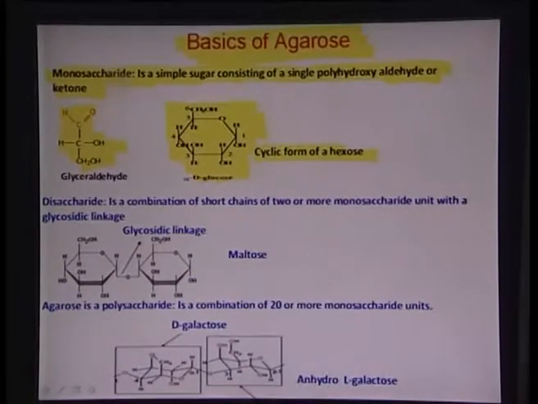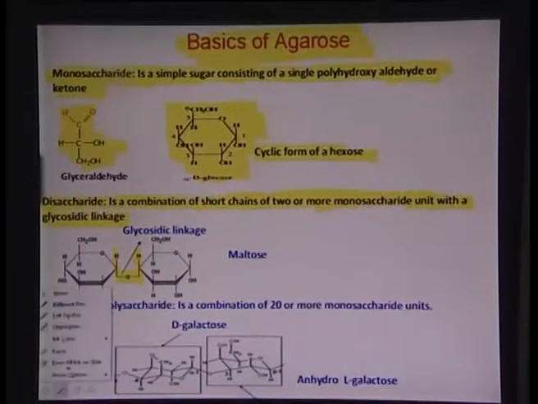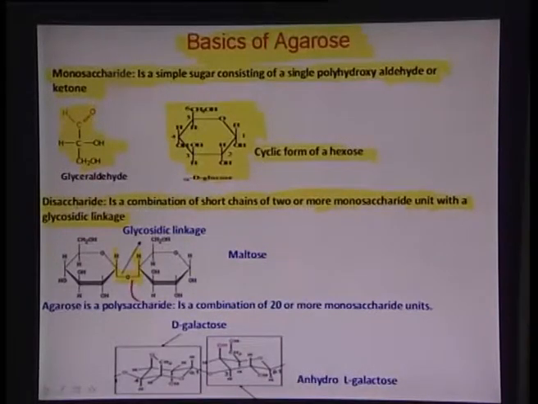A disaccharide is a combination of short chains of two or more monosaccharide units with a so-called glycosidic linkage. A glycosidic linkage is something like this: a CHO and another C here and H on another side, essentially C-O-H2.